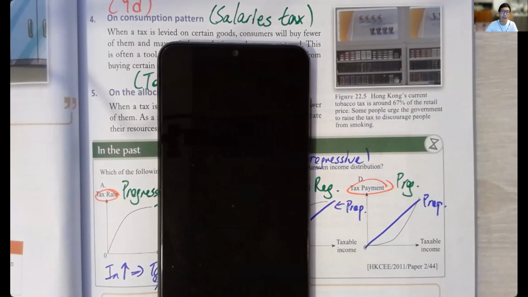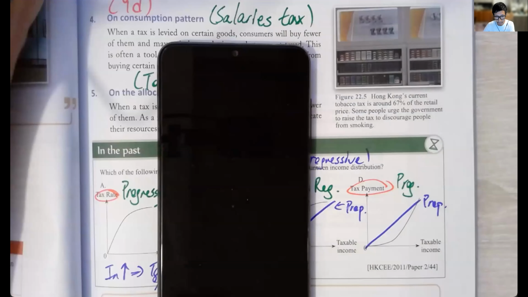OK, now let's learn some terminologies here. First, let's look at the part where tax rate is zero. Earlier there was a stretch where we had income but didn't need to pay tax.